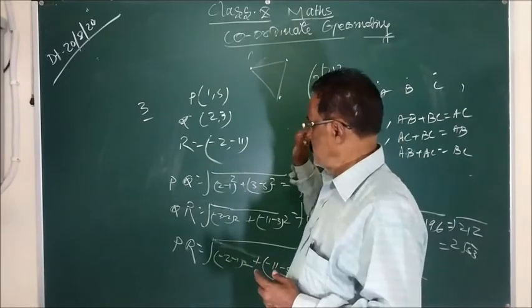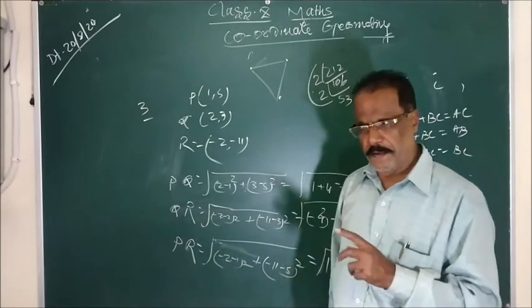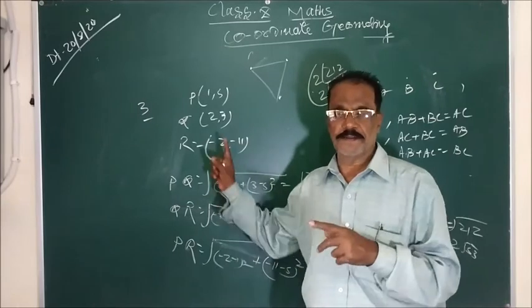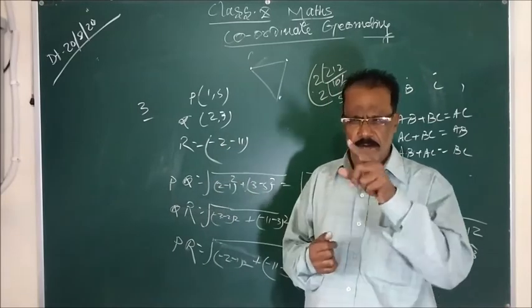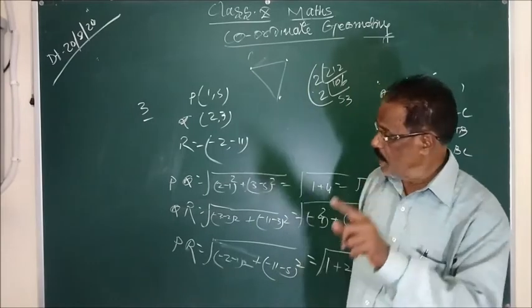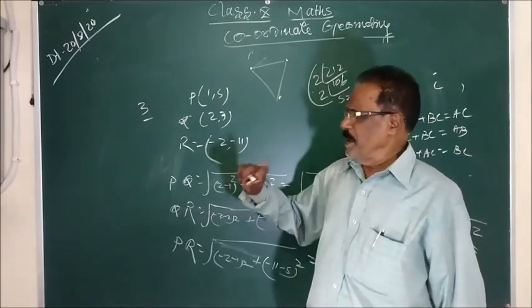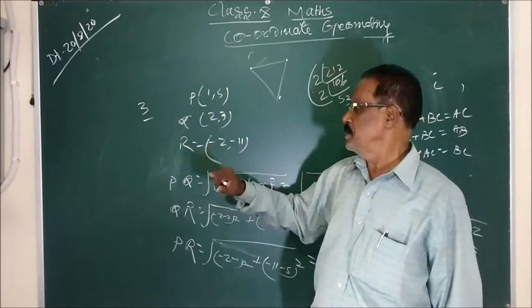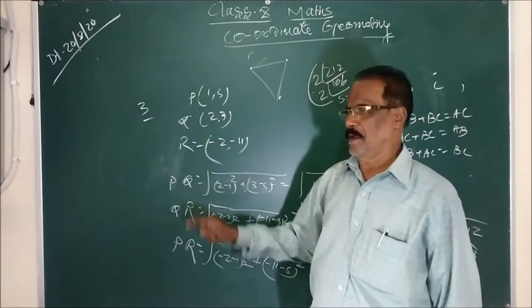In this particular question number 3, 3 points are given with coordinates. You have to show whether these points are collinear or non-collinear. For this, you find the distance between these 3 points, PQ, QR and PR.